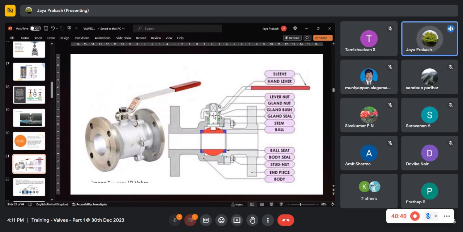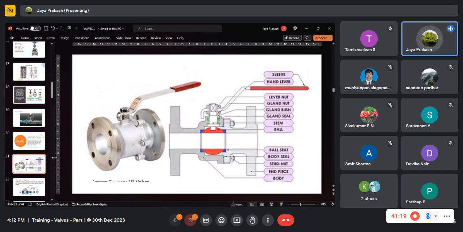Instead of any stem going up and down, the blocking device, which is a ball with a hollow spherical shape, is connected to a small short stem, and when it is rotated, it will have this opening through the bore, and if it is rotated another 90 degrees or so, it will block the flow. That's all. It's very simple. This is a ball valve.